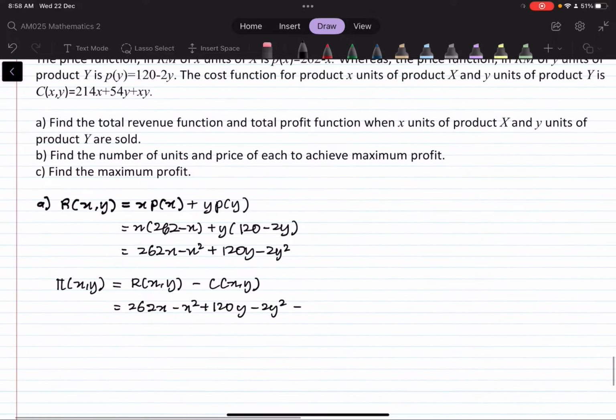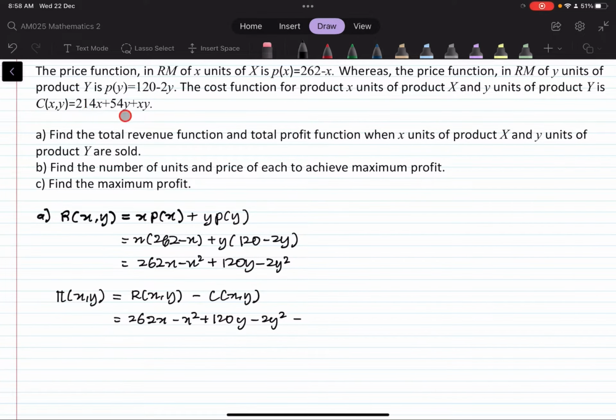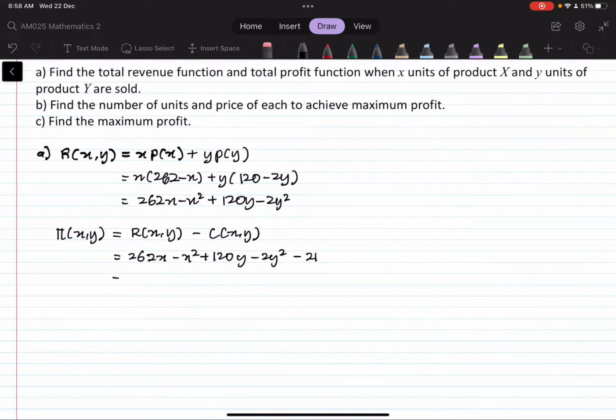We multiply our cost function by negative 1: negative 214x minus 54y minus xy. We get 48x minus x squared minus xy plus 66y minus 2y squared.